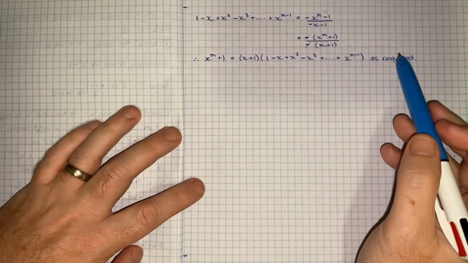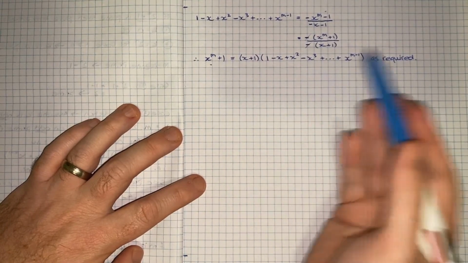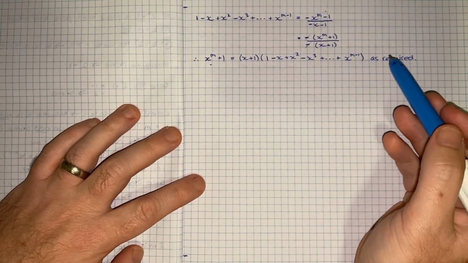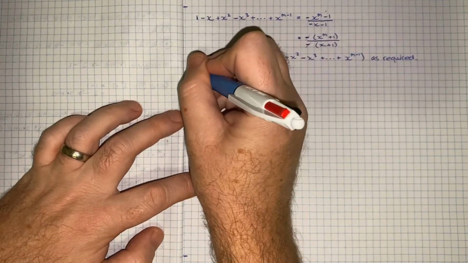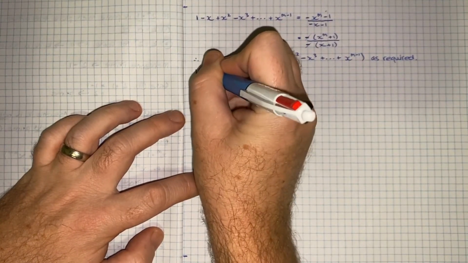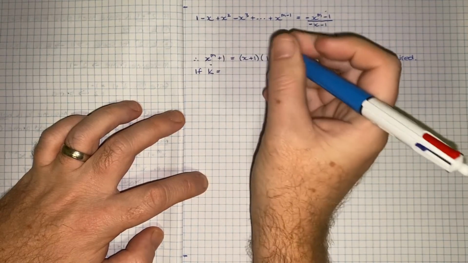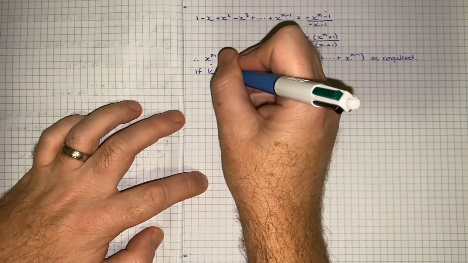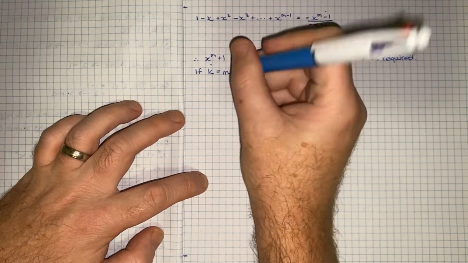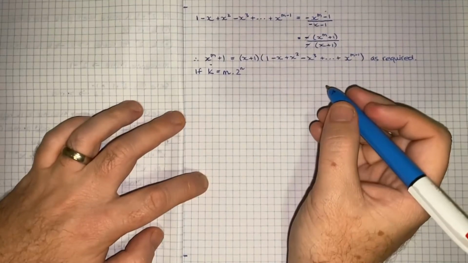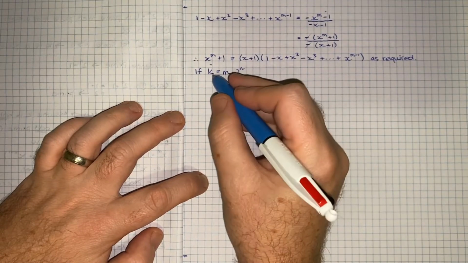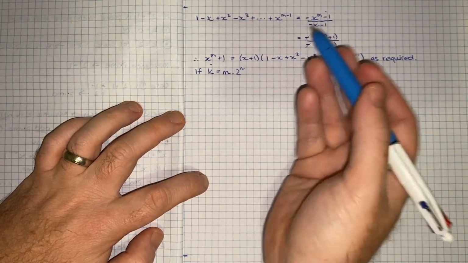So now, having convinced ourselves that this is something we can rely on, we can go through the process of doing it. What we can say is that we define k as being equal to m times 2 to the power of n, that's the assumption we've made to make sure that k is not a power of 2.